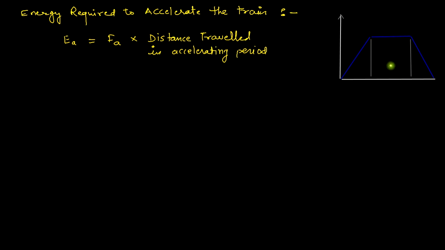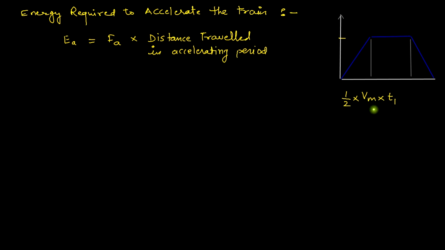This is the trapezoidal approximation of a speed time curve, and this is the accelerating period. To find the distance traveled in the accelerating period, we need to find the area of this triangle, and the area of this triangle will be half times the base, which is the time, times the height, which is the speed. Say the maximum speed is Vm, and say the time taken is T1.